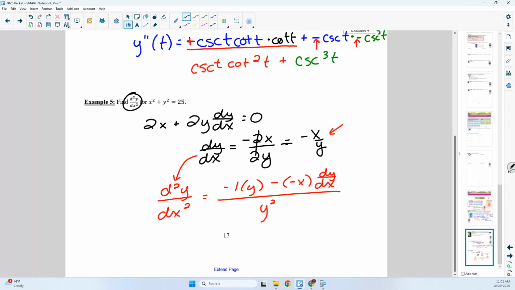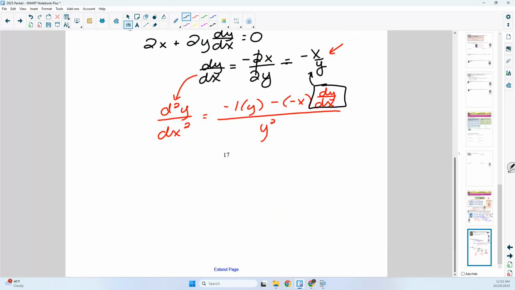Now, it's okay to have x and y in my derivative, but I don't want to have a dy dx. So for this dy dx, I have to plug in what I found dy dx was in the last part. So looking at this is going to give me negative y. This becomes a positive, so plus x times negative x over y, because I'm plugging in dy dx, what I found there.